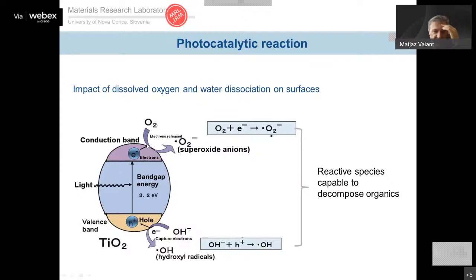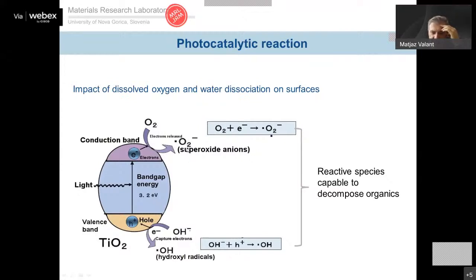For instance, if we have some oxygen dissolved in water, the photogenerated electron would form a superoxide anion, O2 minus radical.